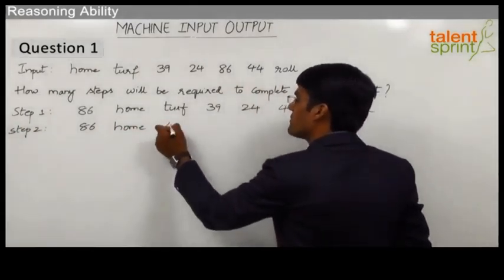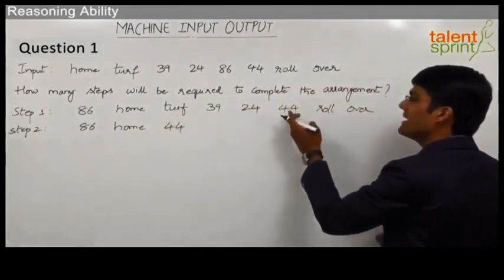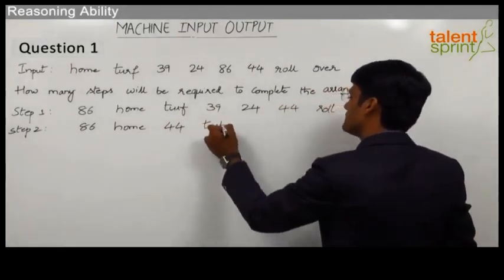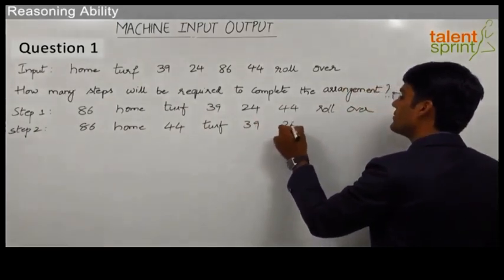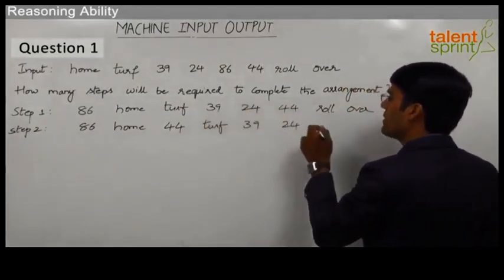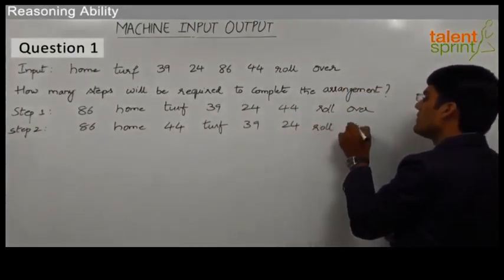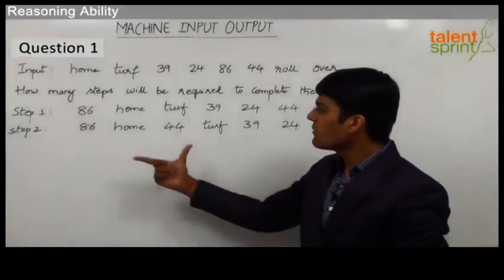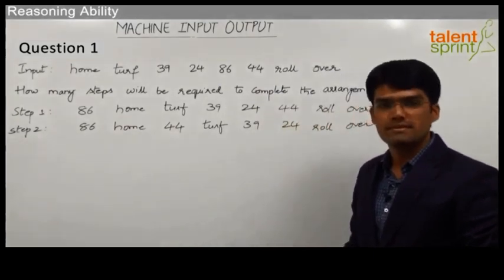So let us bring 44 to the third place and the remaining elements are pushed aside. So the next position would be turf, 39, 24, 44 has already gone there, and then roll followed by over. So that finishes step 2, and now we have got 3 elements in the correct positions.